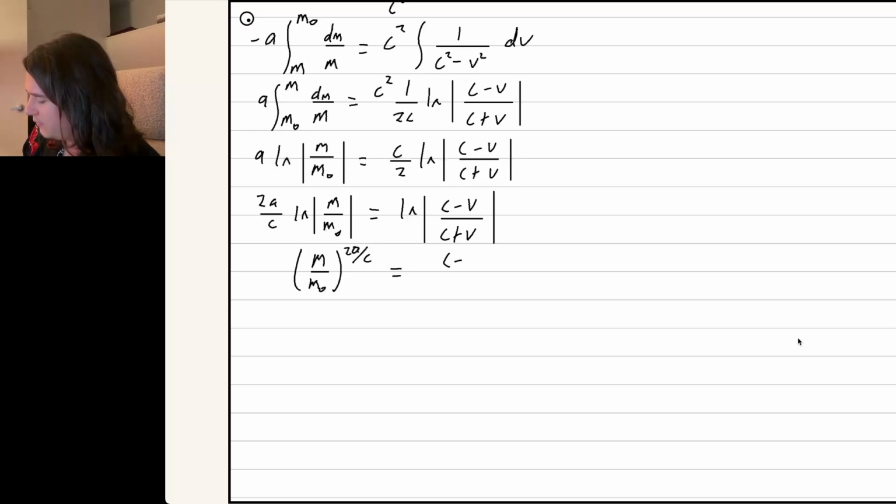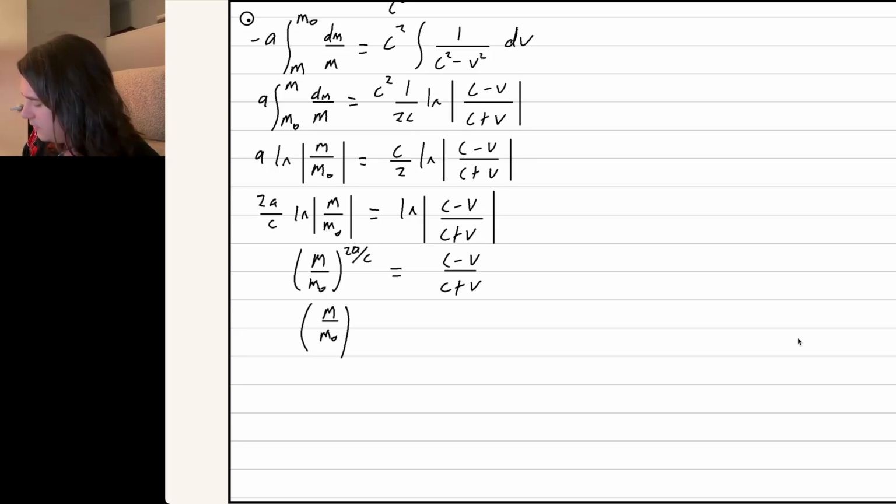On the right hand side, we'll have c minus v over c plus v.